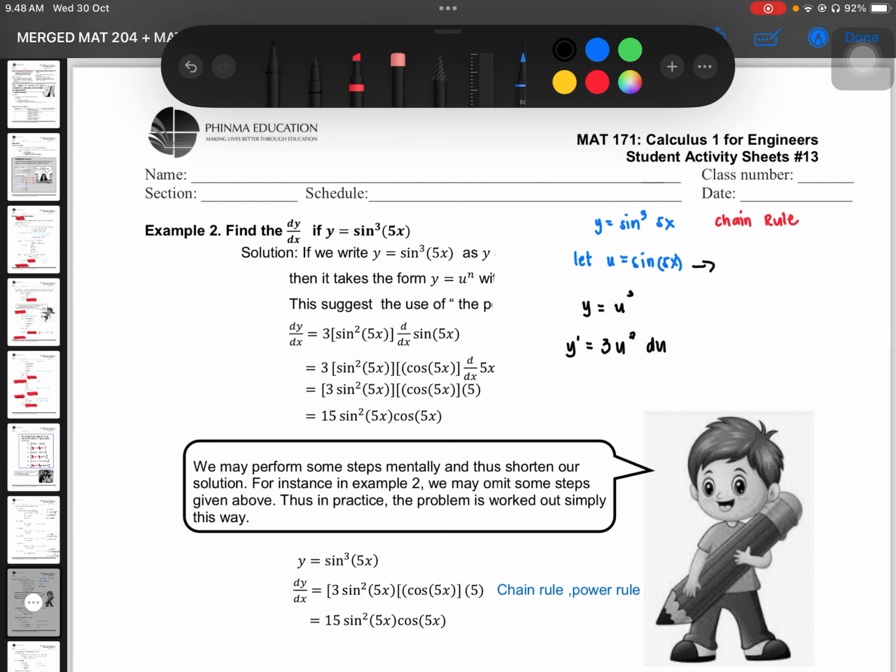We have u is equal to sine 5x. If we get the derivative of u there, we will be having du over dx is equal to cosine 5x. And then, don't forget na kailangan mo pang kuhanin yung derivative ni 5x, which is 5, diba? So, pag inayos natin yan, ang makukuha natin na du is 5 cosine 5x. Okay, so yan yon.